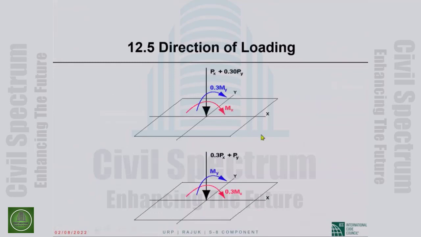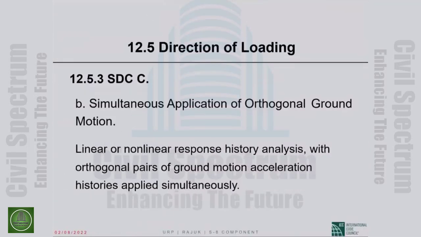So you have to design for this combination or that combination, 30% of the axial load caused by the X earthquake plus 100% of the axial load caused by the Y earthquake plus 100% of the Y moment and 30% of the X moment, again biaxial bending of the column. So this orthogonal effect is kind of serious, but there are important exceptions that I will not go into today.